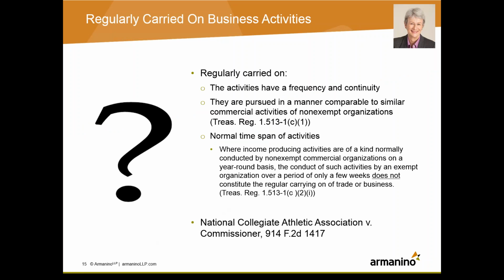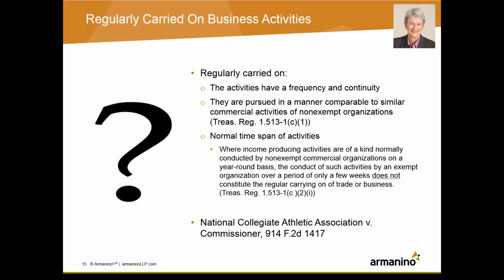Our next prong in determining whether we have unrelated business income or not is the regularly carried on prong. So what does it mean to regularly carry on an activity? I've given you a couple of Treasury regulations above there in the slide, so you'll have that for your reference.